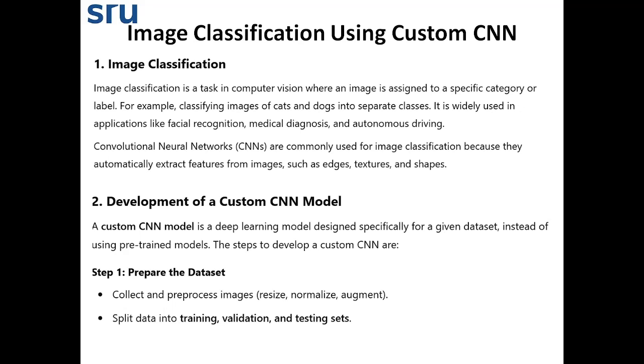Step 1: prepare the data sets. Collect and pre-process images. What are we doing here? Resize, normalize and augment the images. Then we have to split data into training, validation and testing.